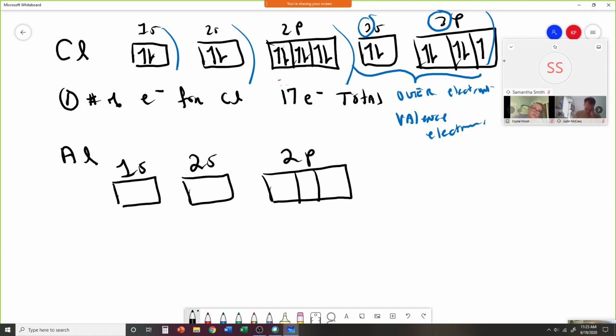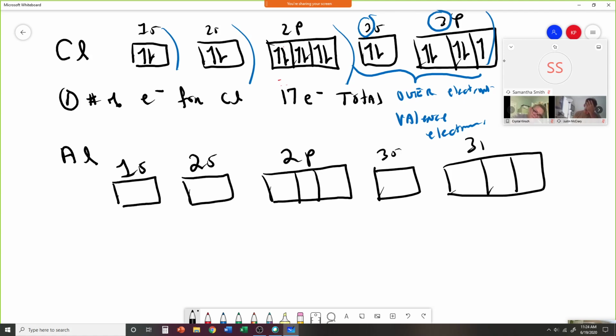And I look on the periodic table, and I see that aluminum has 13 electrons, and it's on the 3rd row, so I need another row of these guys, 3s. Okay, and it has how many electrons? Aluminum has 13 electrons.